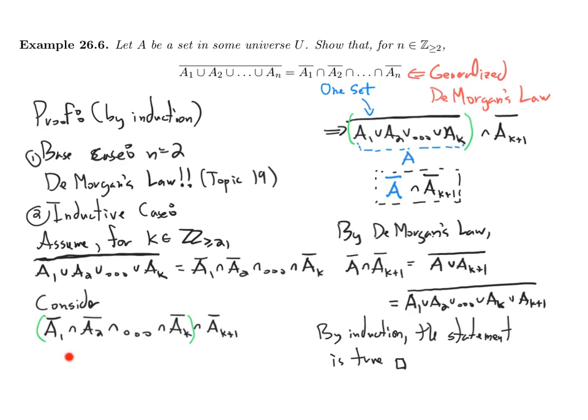There's me using it: I'm assuming that the intersection of the complements equals the complement of the unions. Then it's just a matter of convincing yourself that you need to apply De Morgan's law, because we know that a complement of a set intersect the complement of another set is the same thing as the complement of the union of those sets. So that's what's going on there.